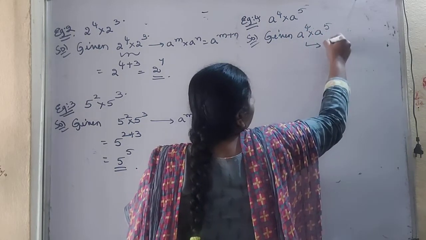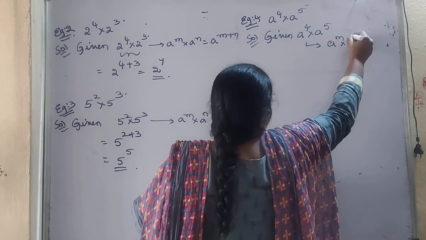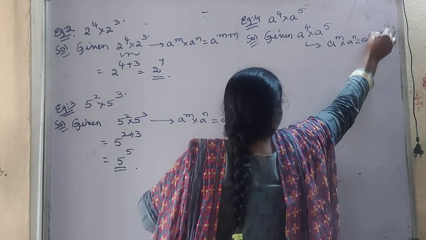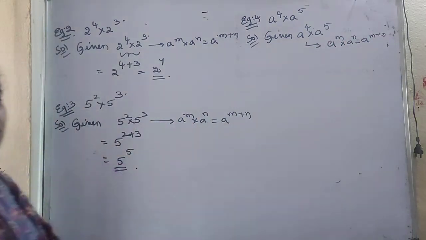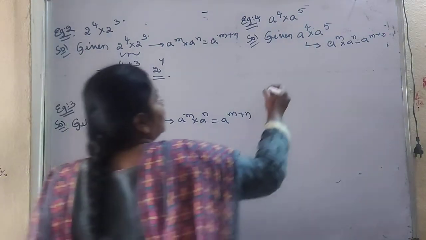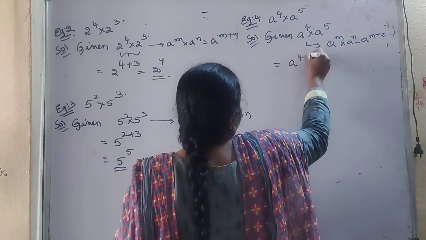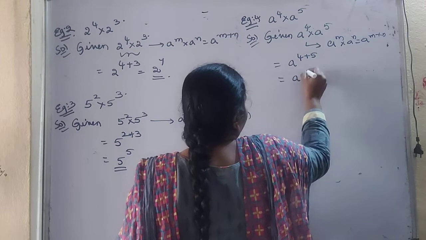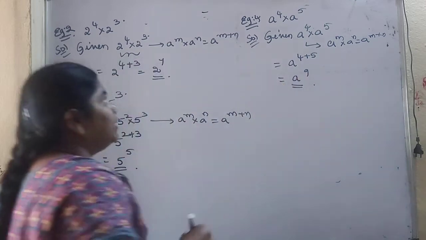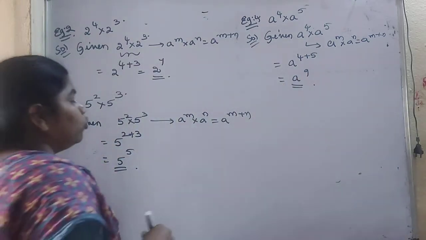So which formula are we applying? a power m into a power n is equal to a power m plus n. That means we add the powers here. That is a power 4 plus 5, which equals a power 9. So this is our example number 4.